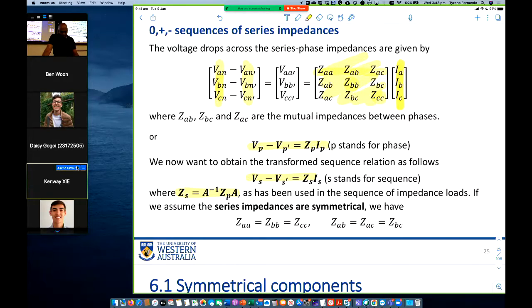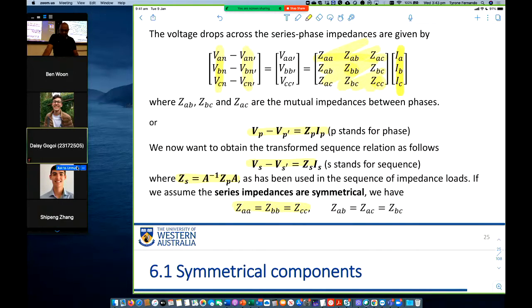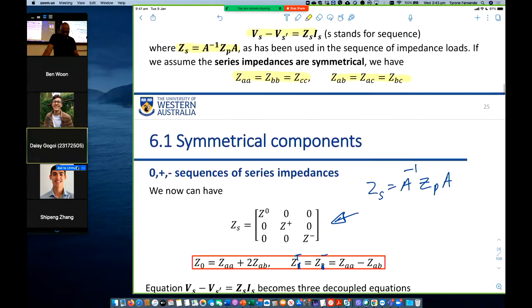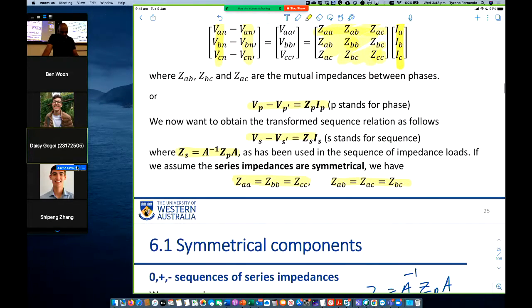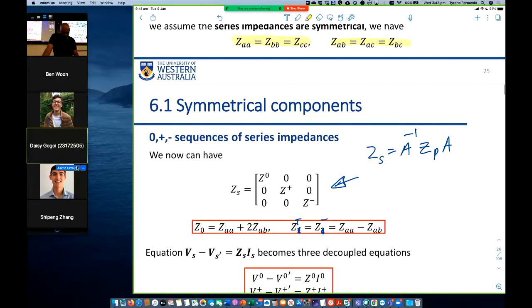And if we assume the series impedances are symmetrical, in other words, the self-impedance values AA, BB, and CC are the same, and the mutual impedance values are the same. If we assume symmetry in the impedances, and we compute the ZS sequence impedance matrix, if you do this calculation, which I encourage you to do, right, you will get this diagonal matrix.